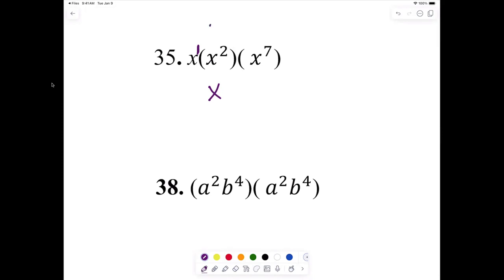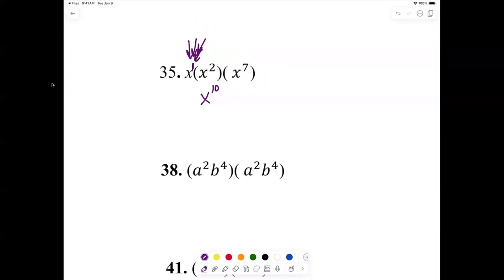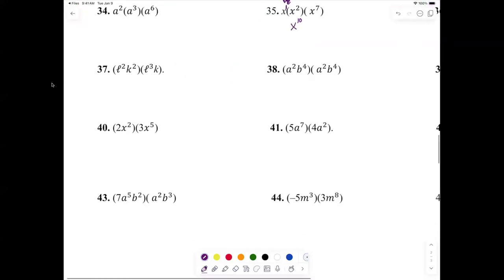Does everybody understand what I'm saying? Put a 1 there, put a 1 there, so you don't forget it. X to the what power? 10. 1 plus 2 plus 7. All right, remember now, you're supposed to be having the answers before someone says the answer. 37. Here we go.